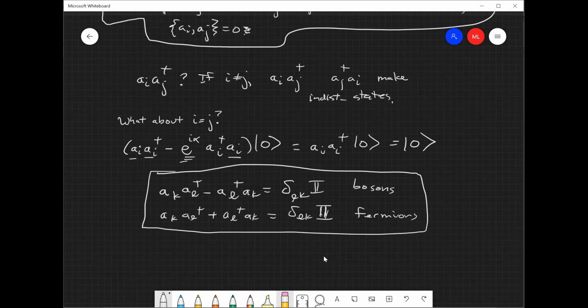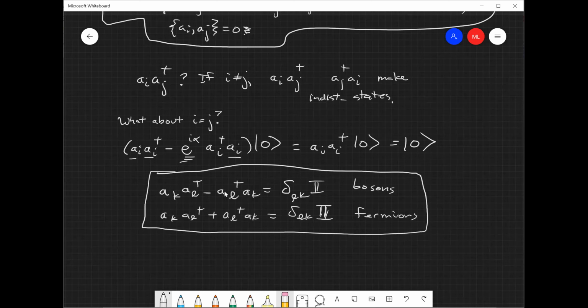But you see, it's the same sort of deal as the harmonic oscillator raising and lowering operators. They behave in the same way. The bosonic ones, anyway. Fermionic ones are a little bit different, I guess.